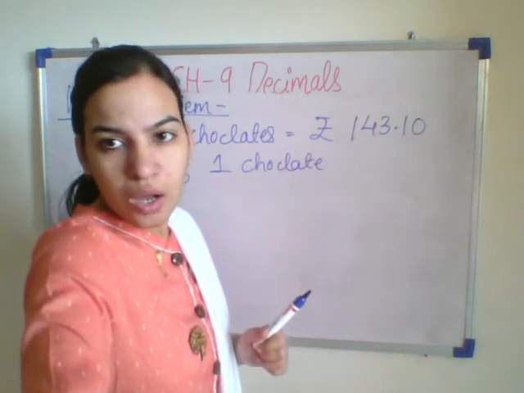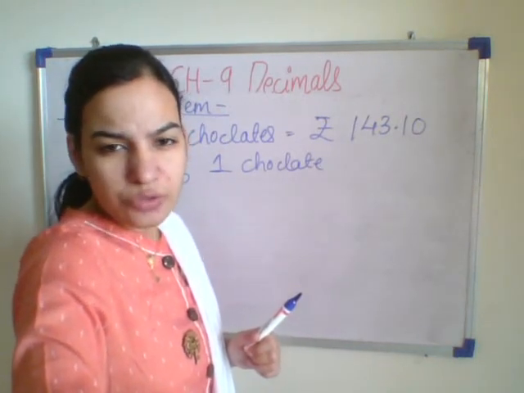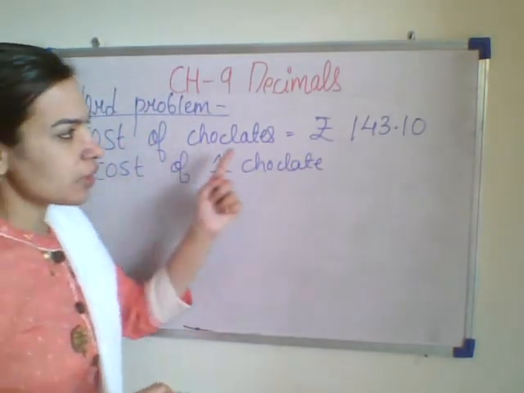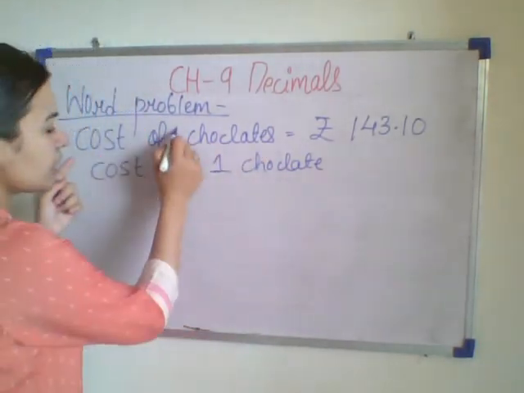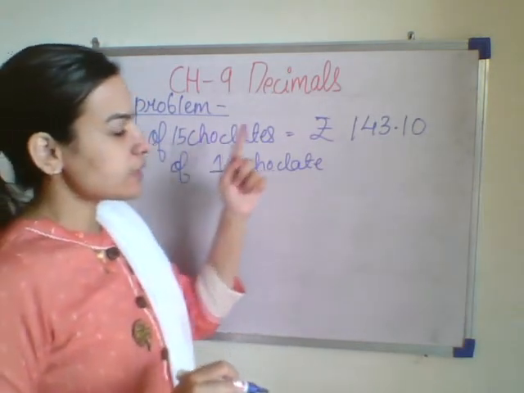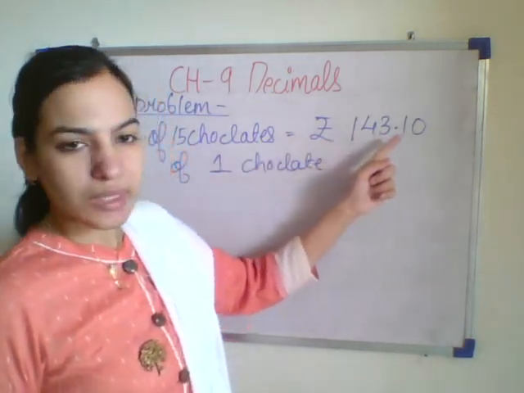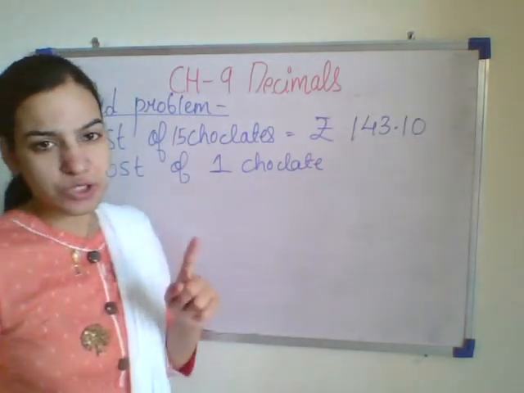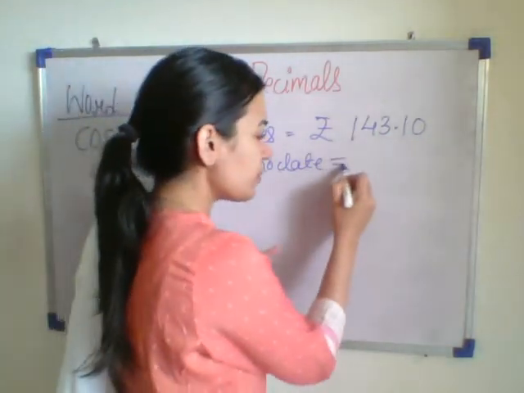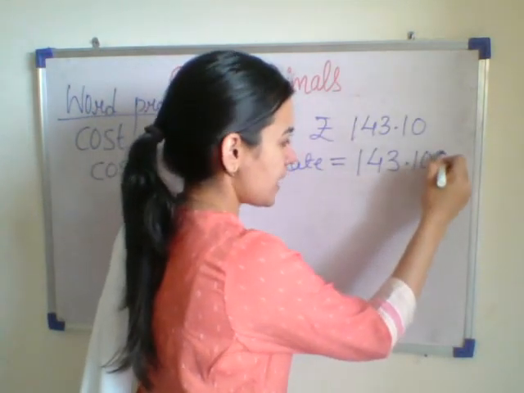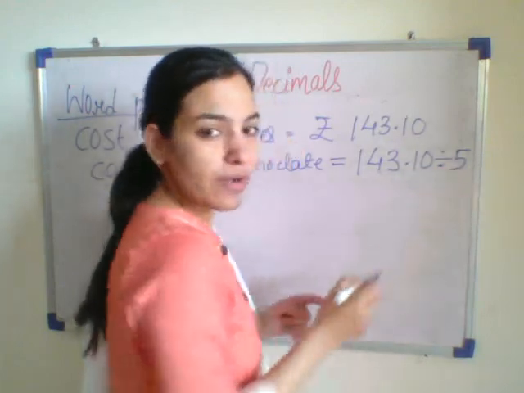So how to find the cost of one chocolate? In the word problem, the cost of 15 chocolates is given. It is rupees 143.10, and we have to find the cost of one chocolate. So what we will be doing? We will be multiplying 143.10 with 5.